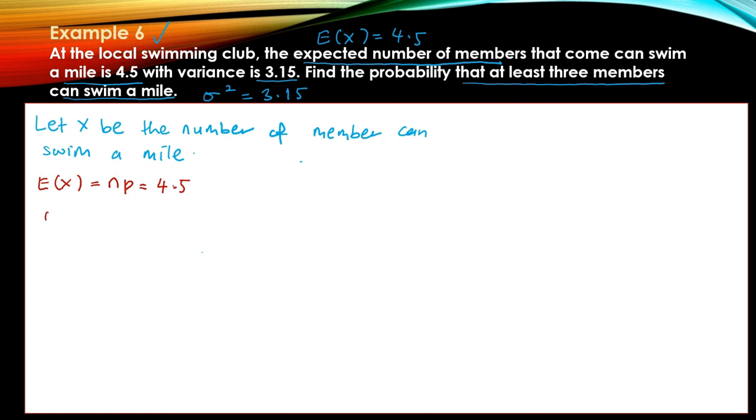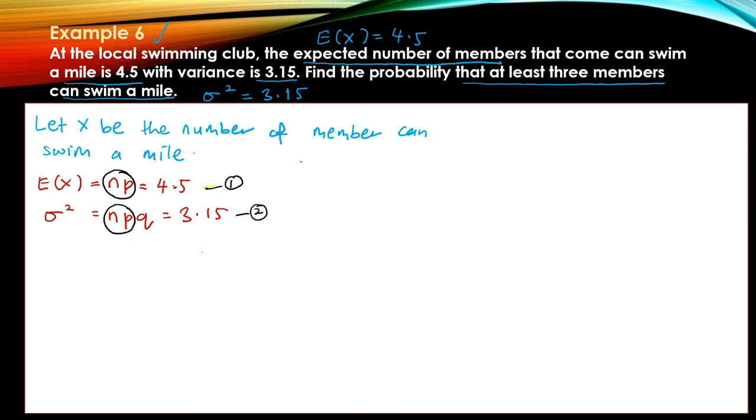And then our variance, which is npq, equals 3.15. So here you can see the first equation and the second equation. We can substitute np, our mean, in the formula of variance.